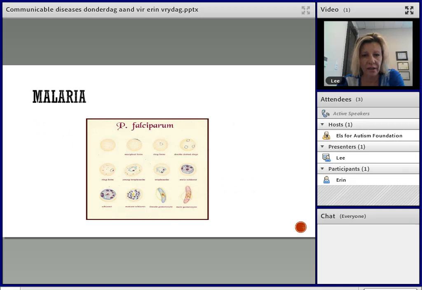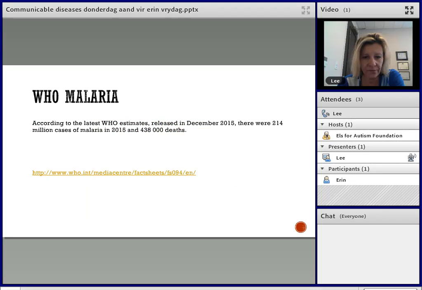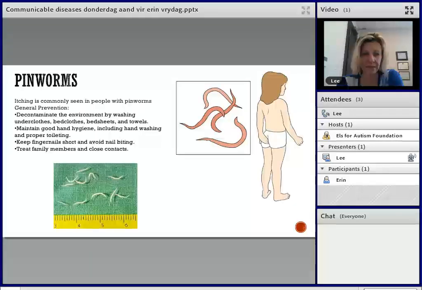Malaria, you see the different stages, and according to the latest World Health Organization estimates released in December of 2015, there were 214 million cases of malaria in 2015 and 438,000 deaths. That number has gone down from 1 million over the last couple of years.